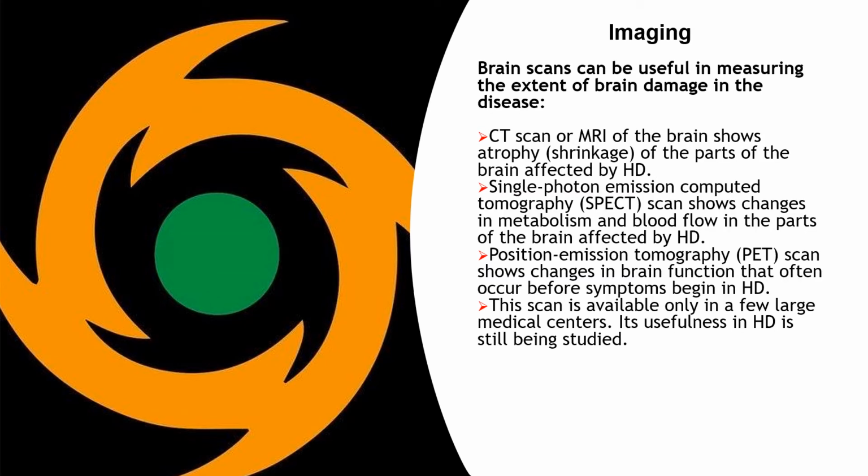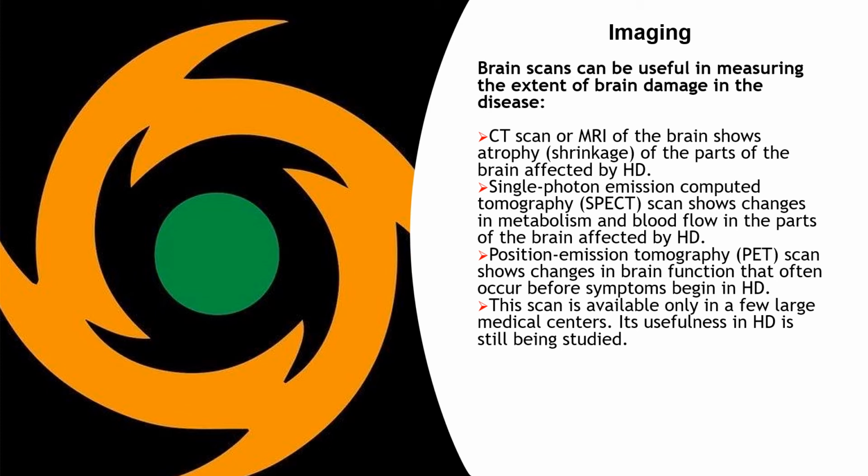In context of imaging, brain scans can be useful in measuring the extent of potential brain damage in Huntington's. So CT scan or MRI of the brain shows atrophy, or shrinkage of the parts of the brain affected by Huntington's.